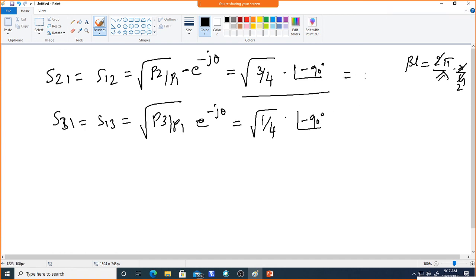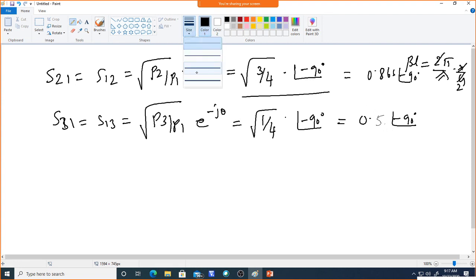So this is 0.866 at an angle minus 90, and similarly 0.25, so root of 1 by 4 is 0.5 at an angle minus 90.